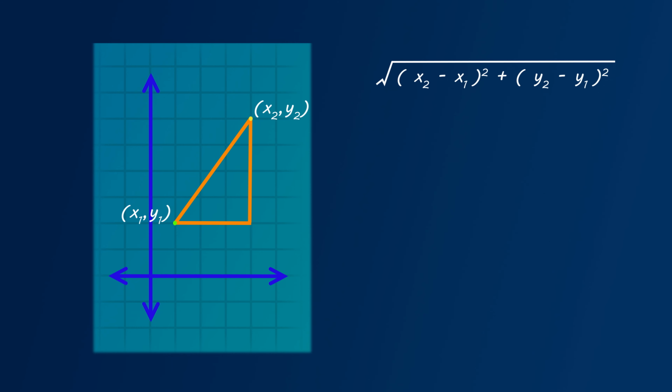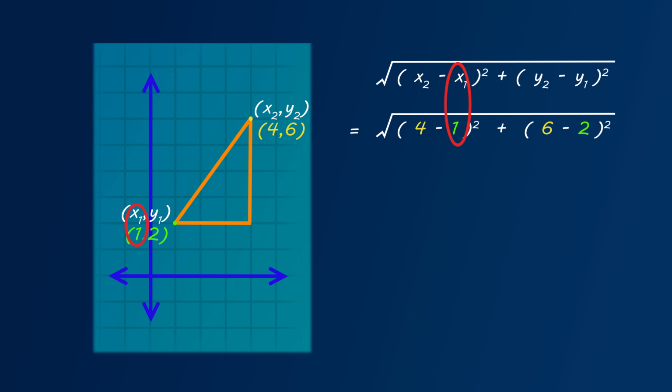Okay, let's use this new rule using the points 1, 2 and 4, 6. So x1 is 1, y1 is 2, x2 is 4 and y2 is 6. Let's substitute these into the rule. x1 is 1, y1 is 2, x2 is 4 and y2 is 6.